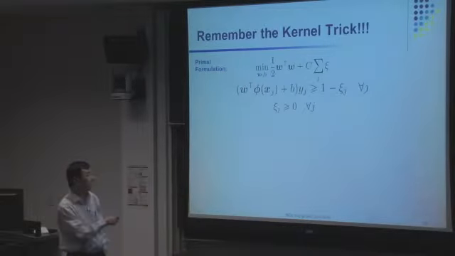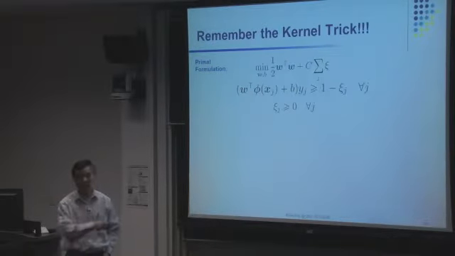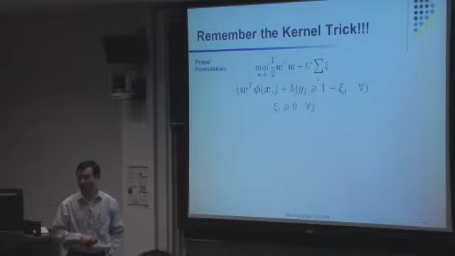Although here I'm just writing them symbolically. In reality, you never get this to infinite dimensional, right? So in this primal SVM, at least operationally, you cannot do infinite dimensional mapping.